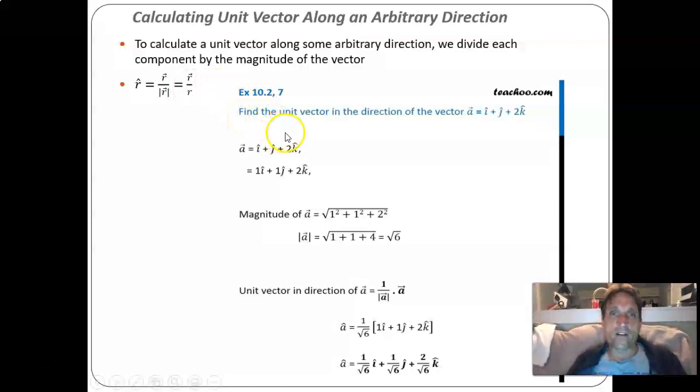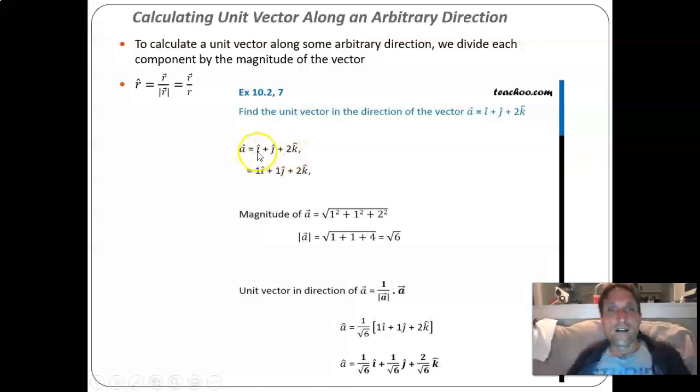Suppose you have a vector A, and it has a component, it's 1 along the I direction, plus 1 along the J direction, plus 2 along the K direction. Okay? And we want to make this into a unit vector which points along this same direction but has a magnitude of 1.